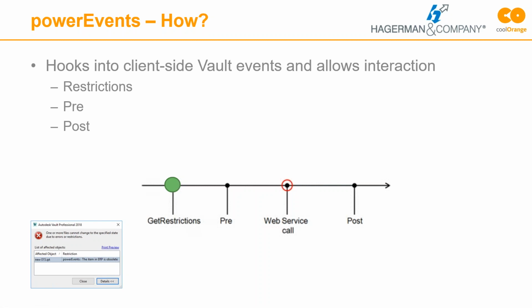Now, in other cases, yes, what the user's requested to do is perfectly fine, but maybe we need to do something in preparation for the event actually happening, right? So before we make that lifecycle state change, we need to maybe do something else in the system. Like, thinking off the top of my head, maybe when you are going to release a file, it needs to go into a certain folder, it needs to be moved or something like that.